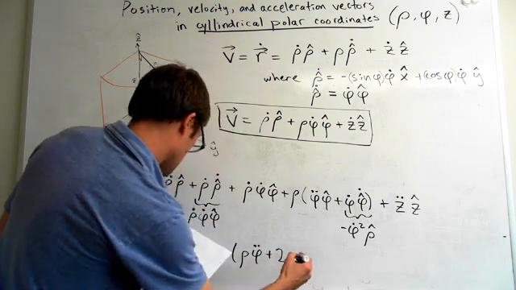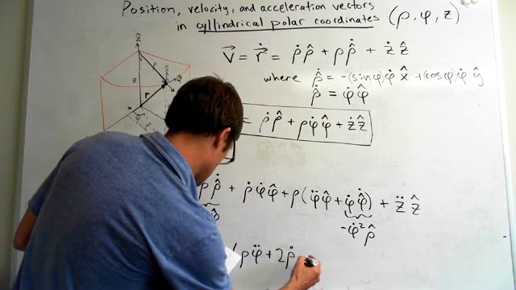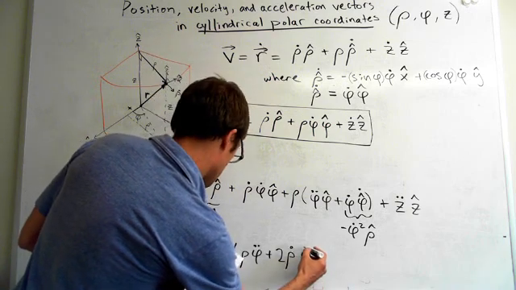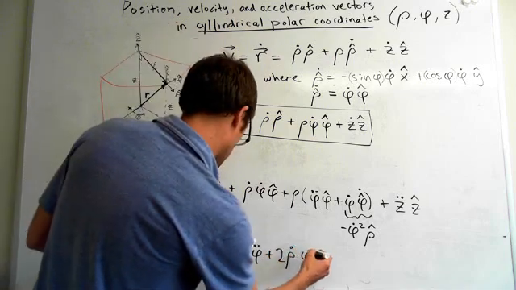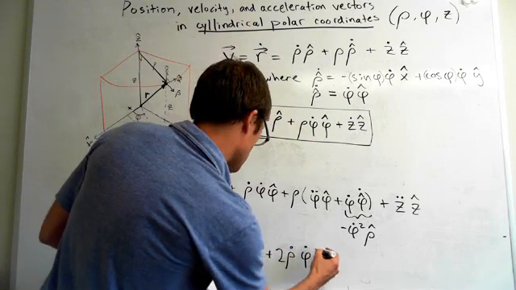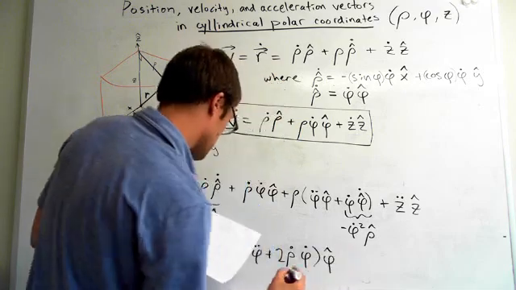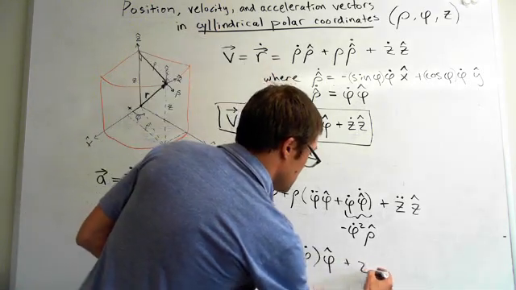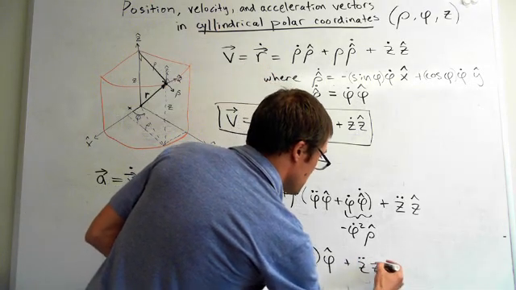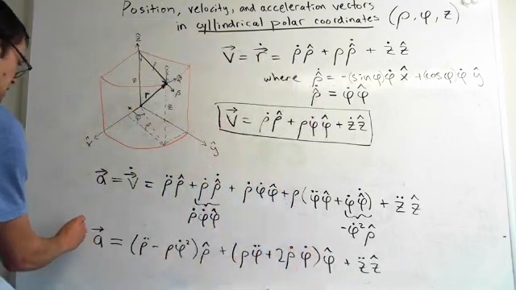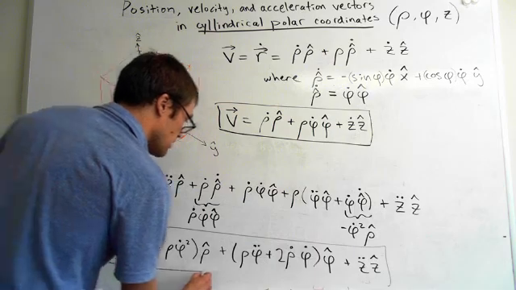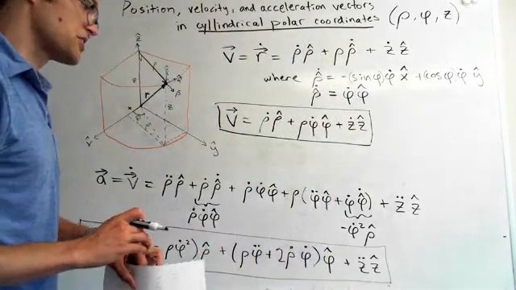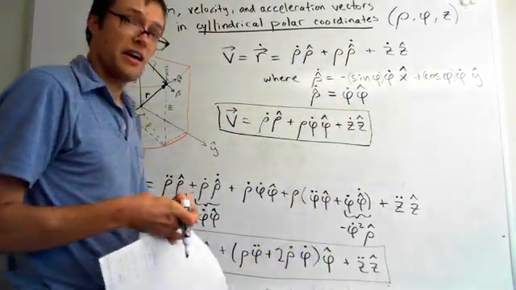So let's see, we've got 2 rho dot phi dot. And those are all the phi hat terms, and then we've got the z term. Okay, so that is the expression for acceleration in cylindrical polar coordinates, and we're done.